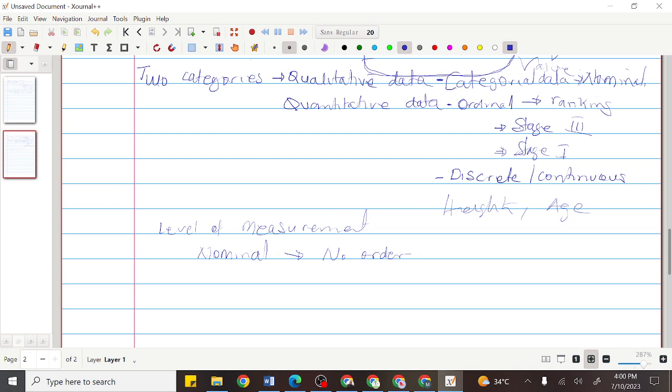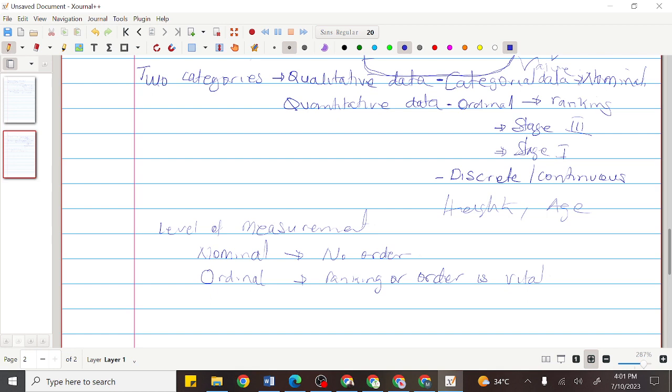And then the next one is what we call the ordinal level, which basically means that the ranking or the order is vital, because it is actually communicating something, just like what we have seen.